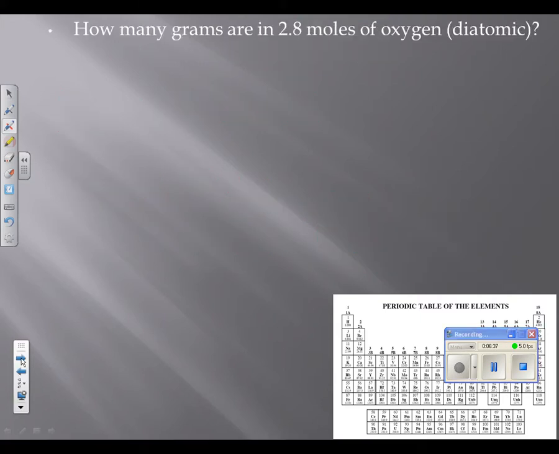Okay, the next one, I'm going to work this out, but you need to make sure you understand what you're doing. So pause it, see if you follow my work.